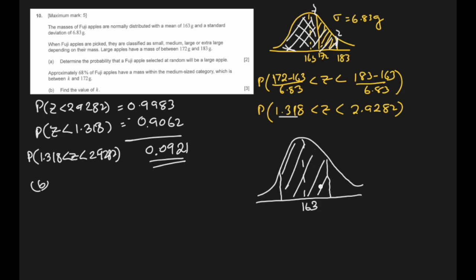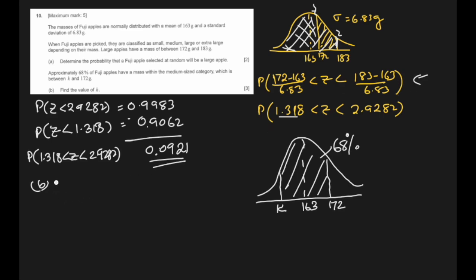Here it will be 68%. Okay, which is between K and 172. So 172 is here and K is here. So find the value of K. That's what they're saying. All right, so we can use exactly the same here, but in here we know the P value now.